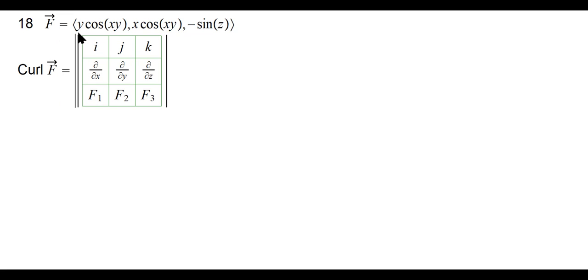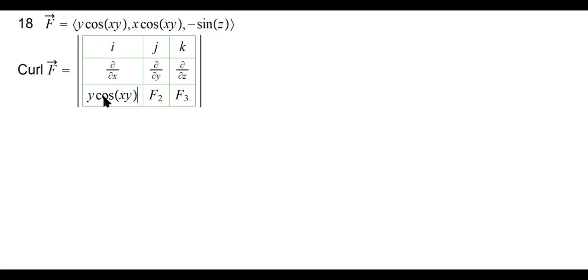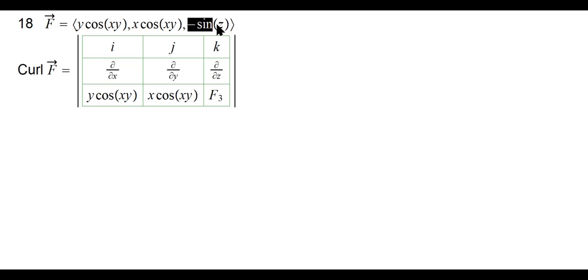In this case, you can see that all the components are continuous, okay? So if the curl is not 0, then it's not going to be conservative, right?